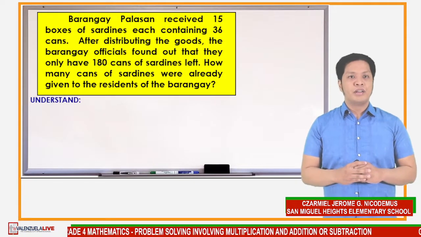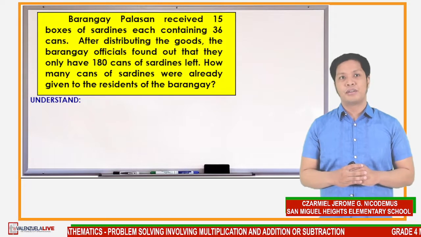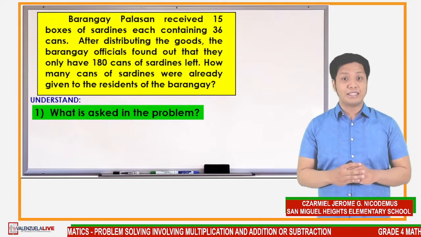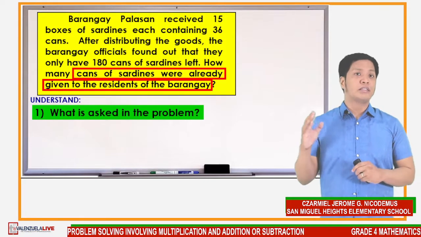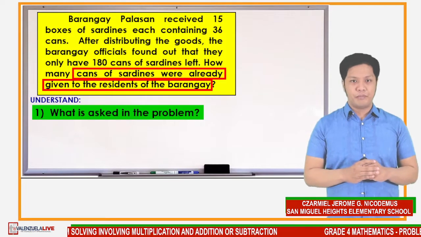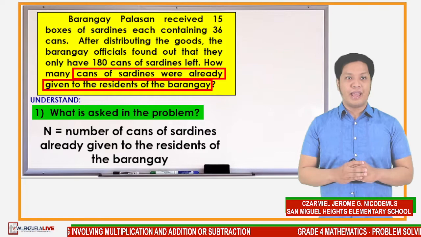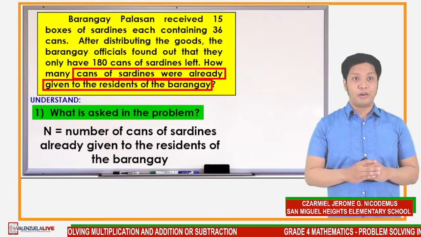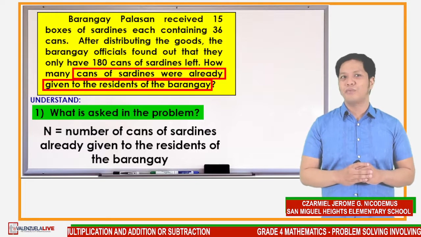Remember, to understand the problem, we need to answer first what is asked in the problem. Again, this is usually the question in the last sentence of the word problem. So what is asked in the problem is N equals number of cans of sardines already given to the residents of the barangay.